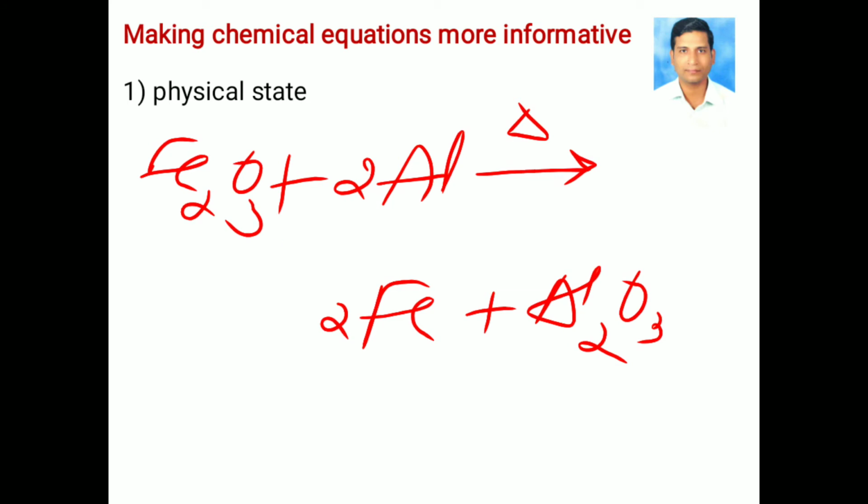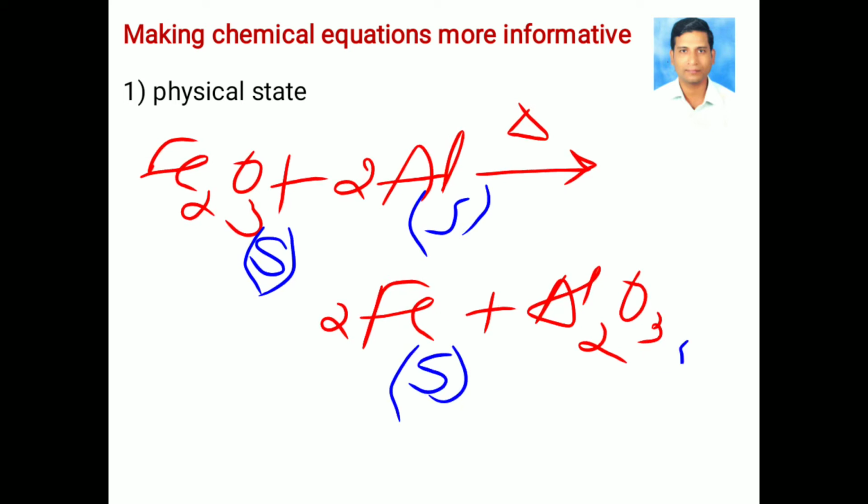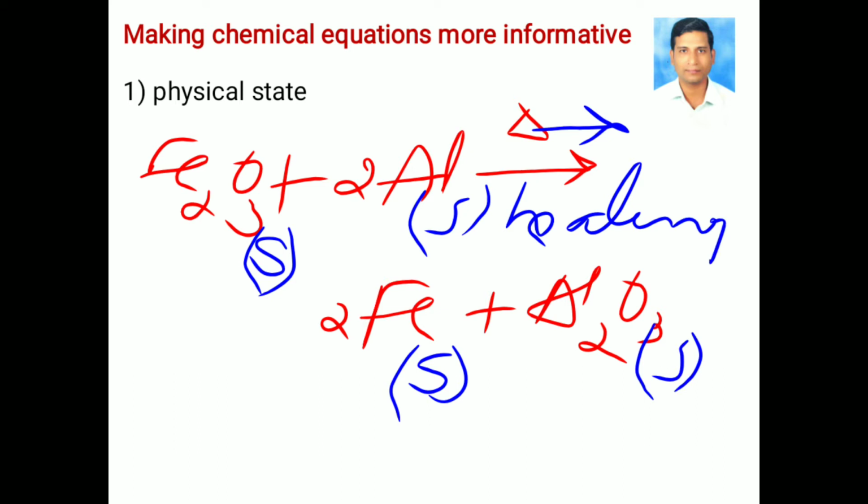Here iron oxide is in solid state, aluminum is also in solid state. Products which are formed on heating, iron and aluminium trioxide, are also in solid state. Here delta represents the heating process.